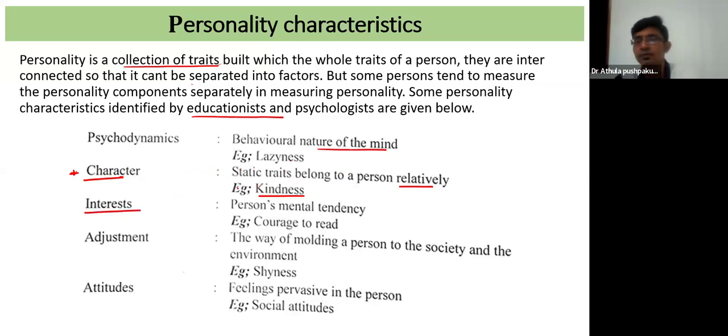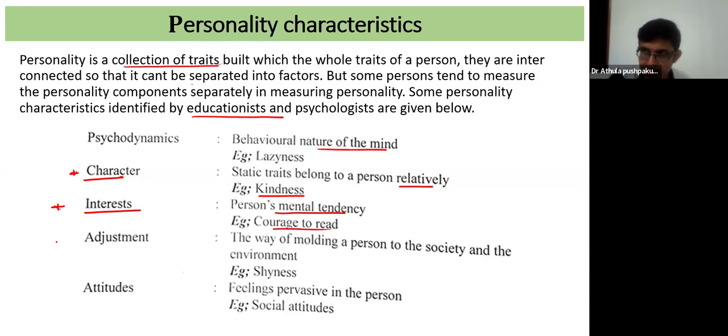Another is interest, a person's mental tendency. Mental tendency means this, the interest. Some like to read. Normally, some students can be encouraged to read, their interest. But some students can be identified as disliking reading.